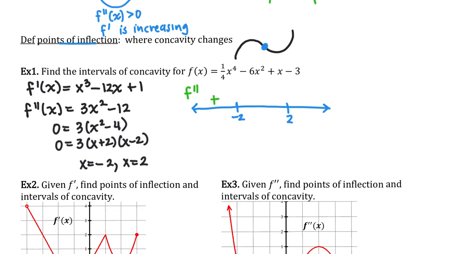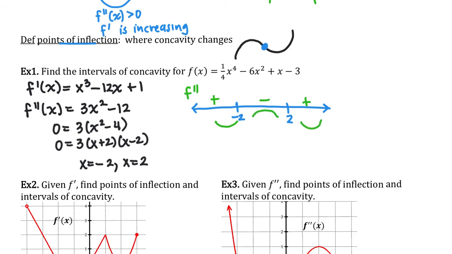If I pick a number between -2 and 2, let's go with 0. 0 minus 12 is negative. And if I pick a number higher than 2, like 3 times 9, 27 minus 12, I'm going to get positive again. Okay, so if I look at this, since this is positive, this is concave up. This is negative, concave down, concave up.